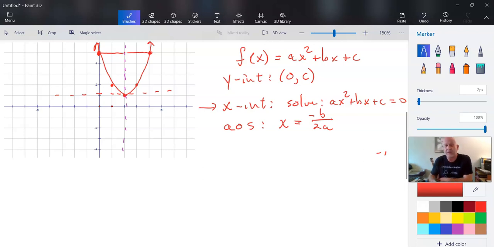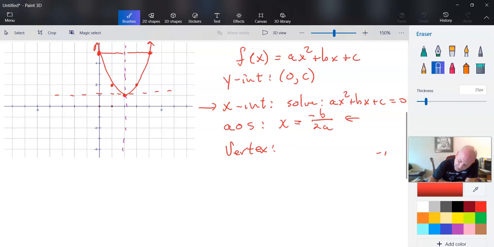It's just not there. But that's what it is. So that's your axis of symmetry. Your vertex, well, whatever the coordinate is here on your axis of symmetry is the x coordinate of your vertex. Oh, I wrote down the answer from the last thing. We're doing this in formula.